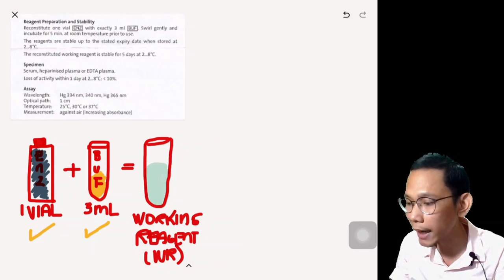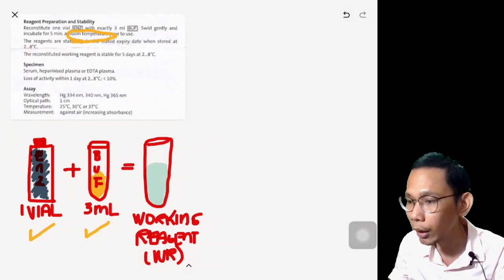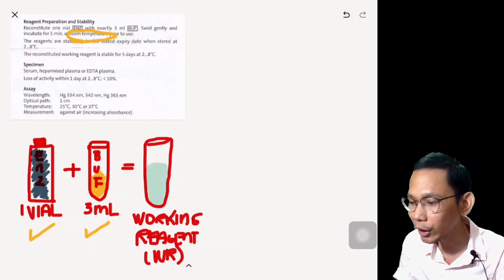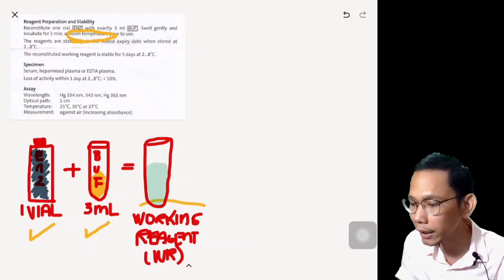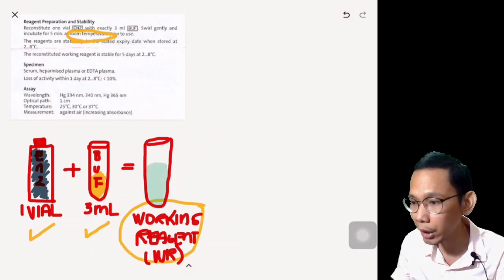So, i-mix at i-incubate for 5 minutes at room temperature. Remember that ha? Only room temperature. So, 1 vial of your enzyme plus 3 ml of your buffer will yield your working reagent. So, ito na yung magiging working reagent natin. Later on, we will see how this working reagent will be used.